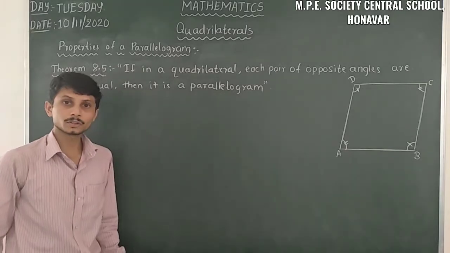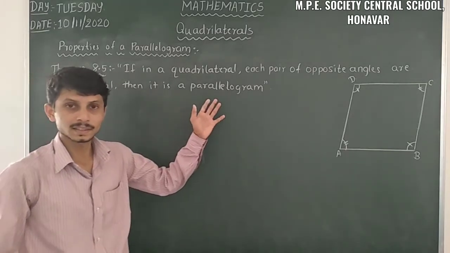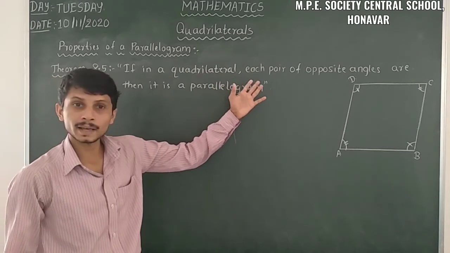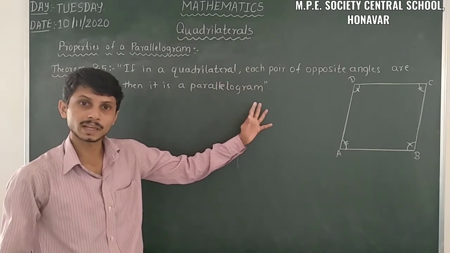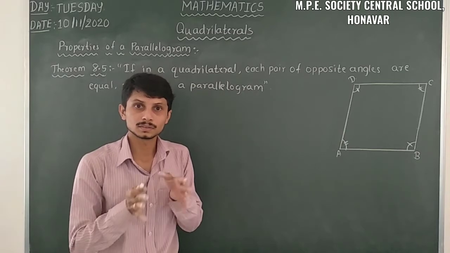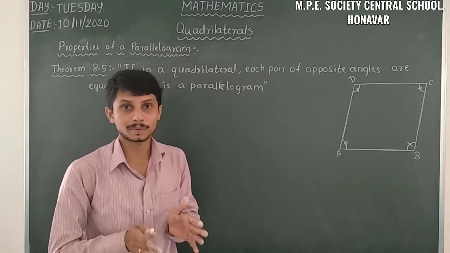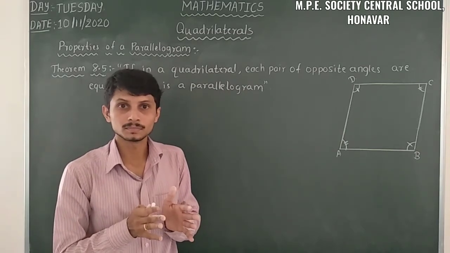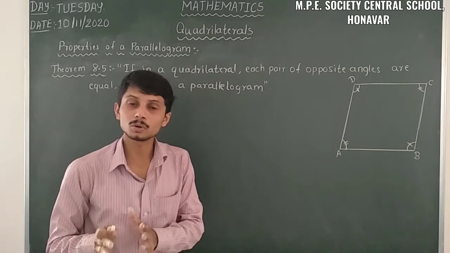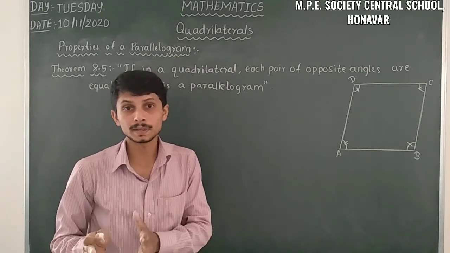So here we have to prove these things. Just observe, it is given that opposite angles are equal. In a parallelogram, each pair of opposite angles are equal, and adjacent angles are supplementary, we know that.